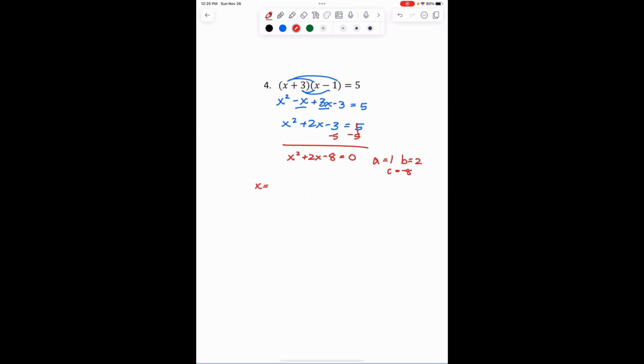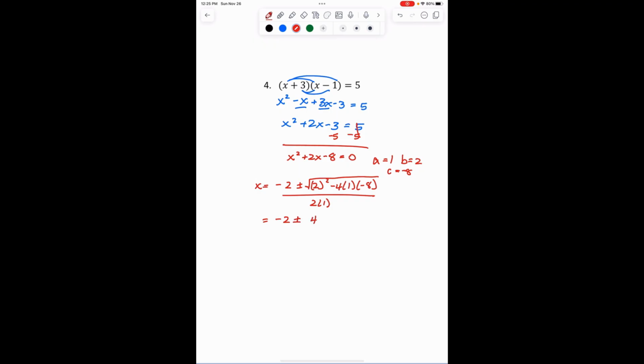So as we go through here, negative b plus or minus b squared minus 4 times a times c all over 2 times a.